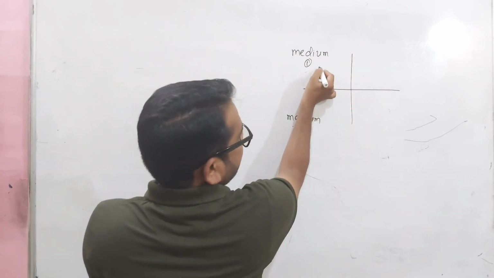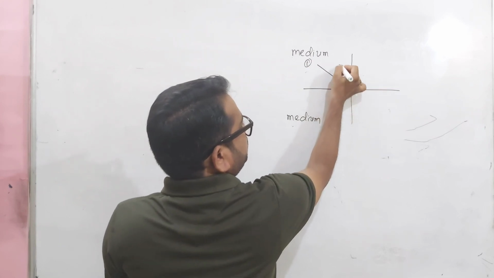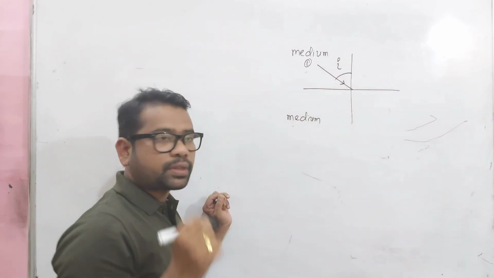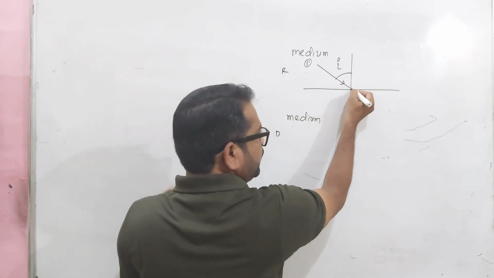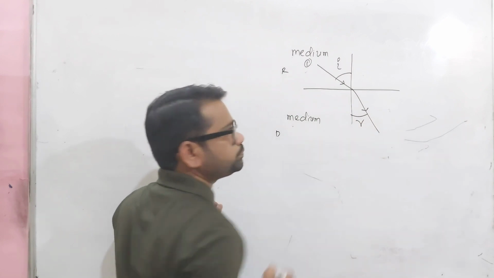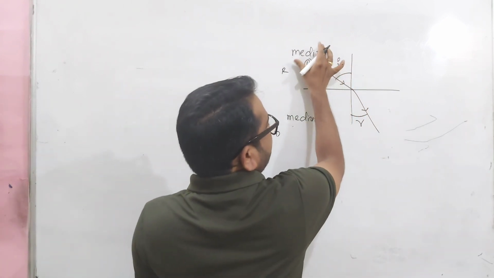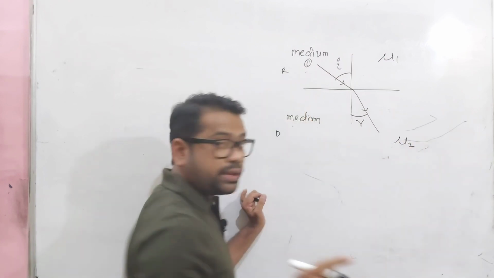If light is coming and is incident like this, here is the angle of incidence. If the first is a rarer medium and here is a denser medium, light will move towards the normal, so that here is the angle of refraction. Let us say the refractive index of the first medium is mu1 and the refractive index of the second medium is mu2.